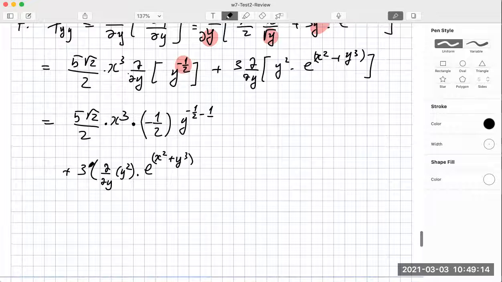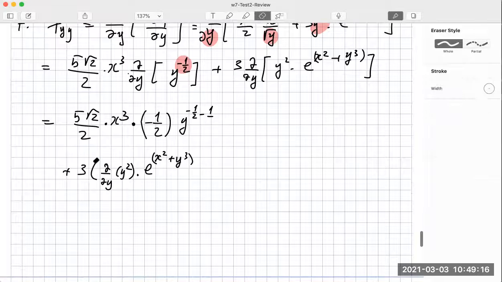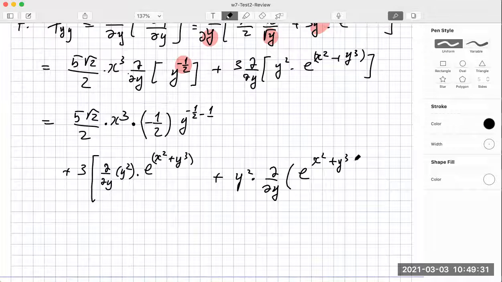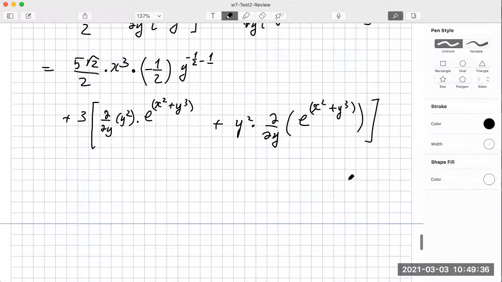Okay, and then what is next? Yes, the second term here would be y squared times d over dy of e to the x squared plus y cubed. Then what do we have?